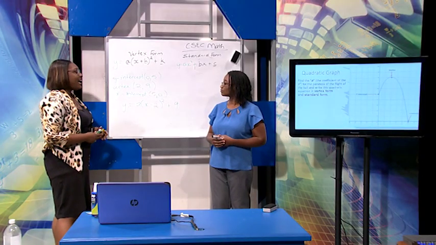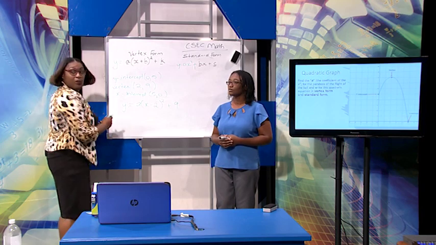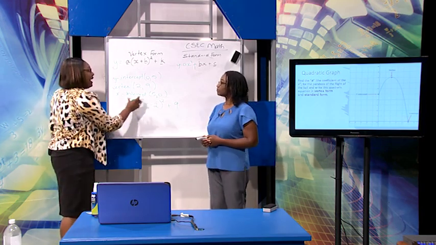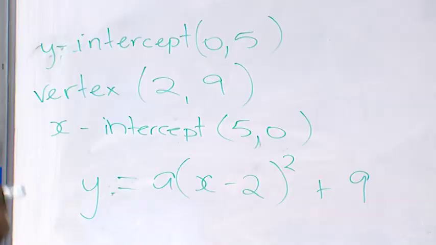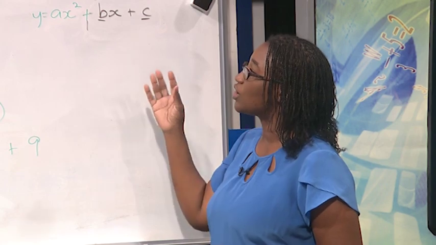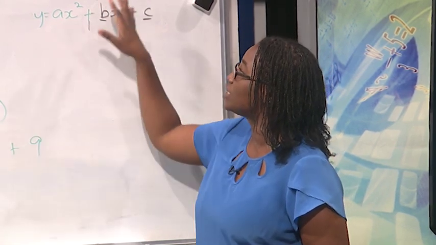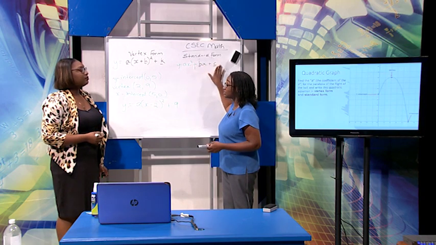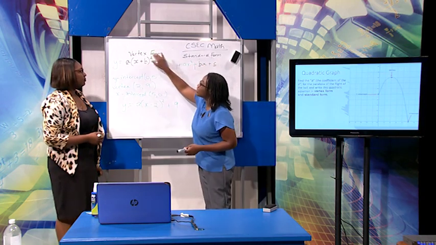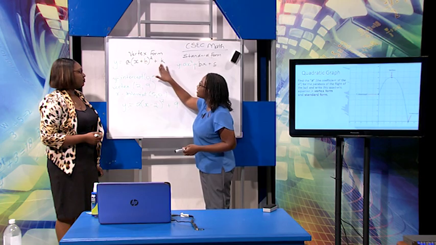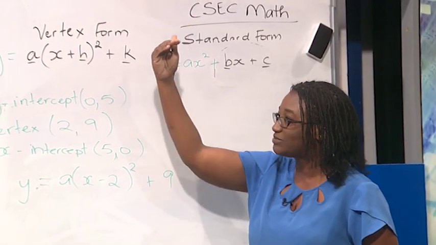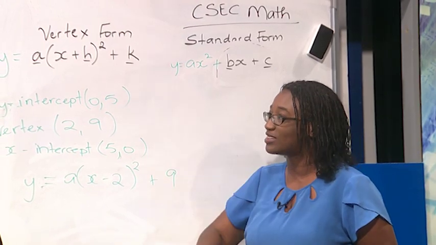So given that we have the y-intercept, we can substitute into our equation to find the value of a. All right, so Brittany, just to recap, remember we said that our quadratic functions can be written in standard form, where we have ax squared plus bx plus c, and over here we have it in vertex form because our h and our k actually tell us the vertex, which is either the maximum if our graph is sad or the minimum.